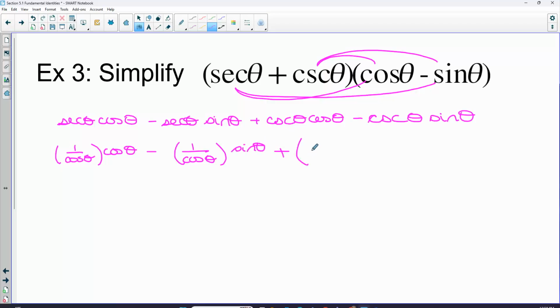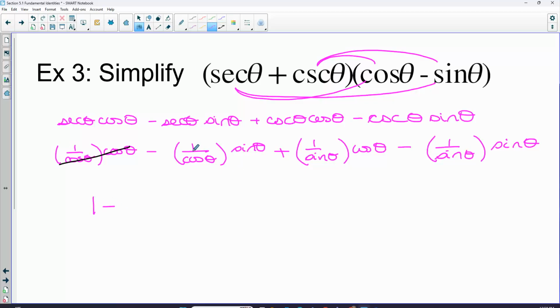What is cosecant? 1 over sine theta. One divided by cosine times cosine. What happens to my cosines? Cancel. So this just turns into a 1.